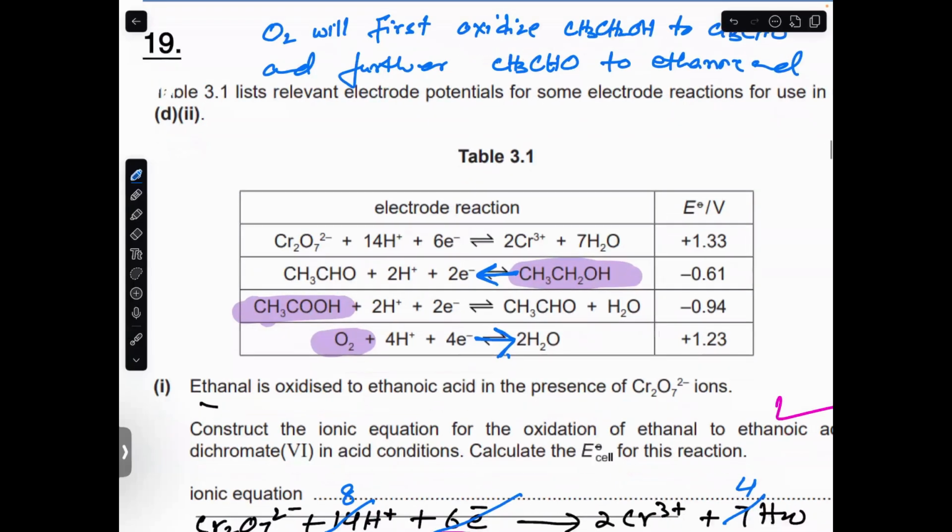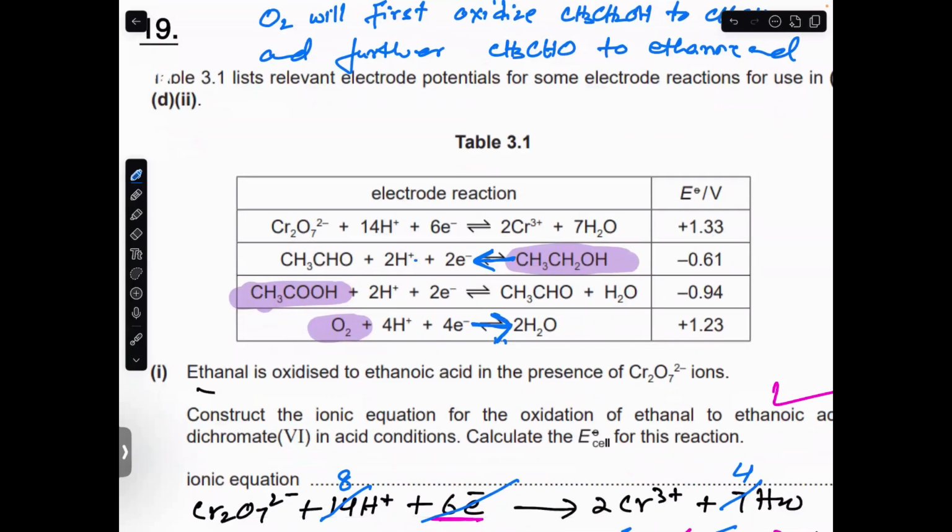Look, this is gaining. It will first turn into this, and then this will further turn into this.